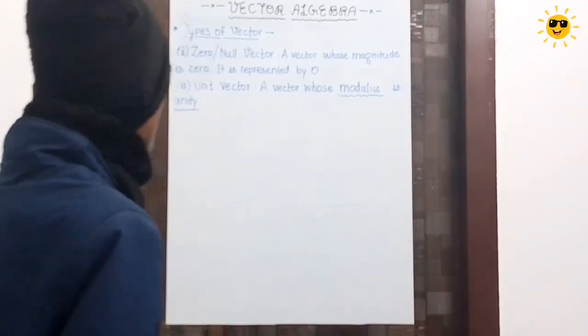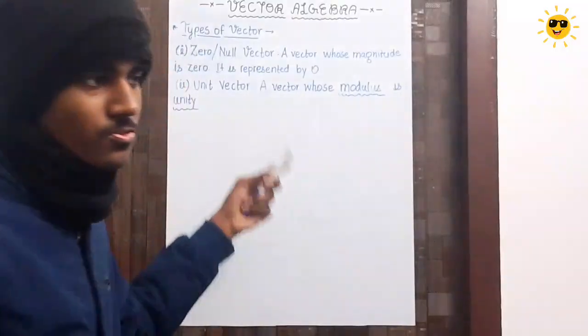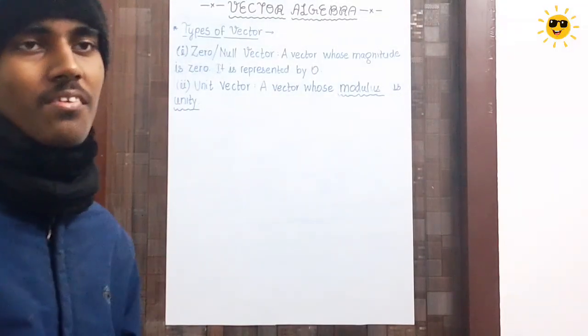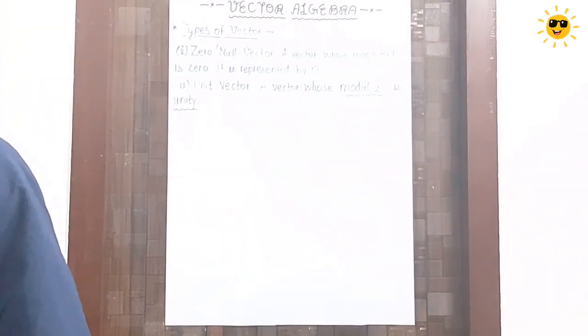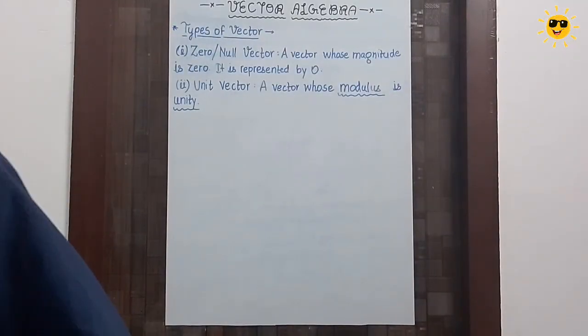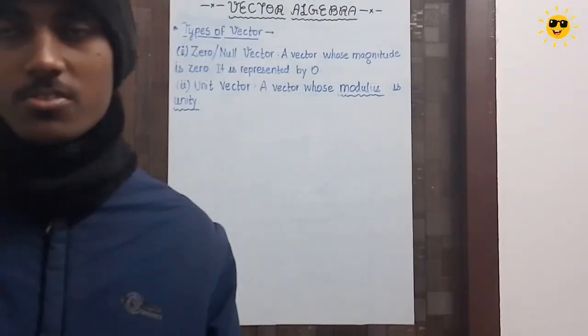Okay, so a unit vector is a vector whose magnitude is 1. Simple. Just like zero vector whose magnitude is 0, unit vector is a vector whose magnitude is 1. That's it. It ends here. Do I need to explain more? Now there are a few additional things we need to say.